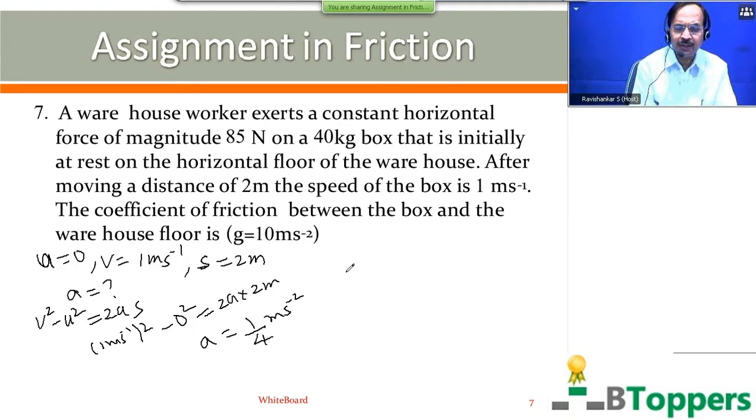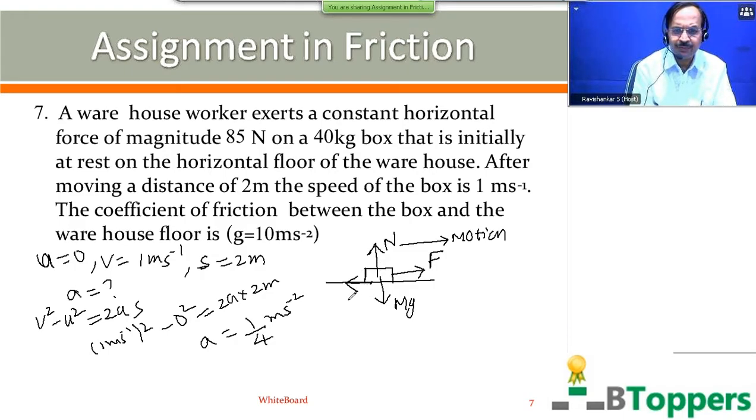Now let us consider the forces acting on the body. Let capital F denote the magnitude of the constant horizontal force applied on the body, which acts in the direction of motion. The weight mg acts vertically downwards. The normal reaction force by the horizontal surface in contact acts vertically upward, perpendicular to the surface and directed away from it.